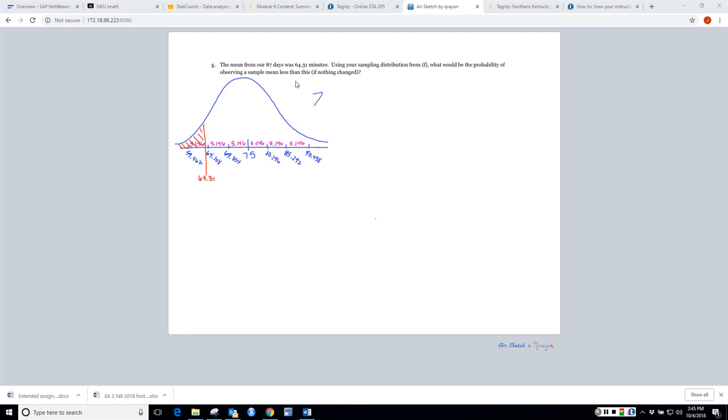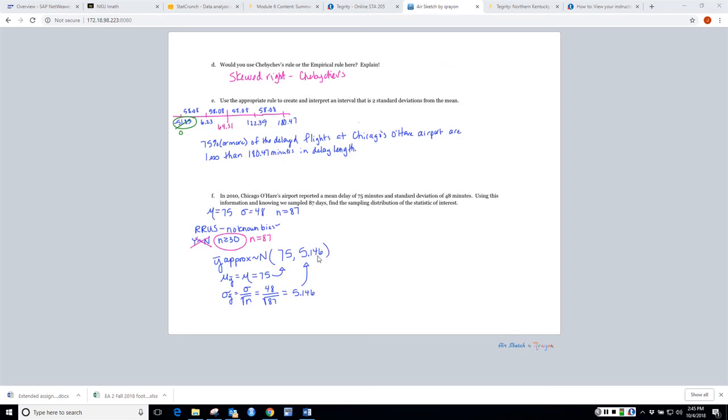So then next we're going to find our z, which if I look at my formula sheet, looks like this. So our sample mean was that number we just put on the picture, that's 64.31. The mean of the population was 75. And that whole number on the bottom we've already calculated is that 5.146.